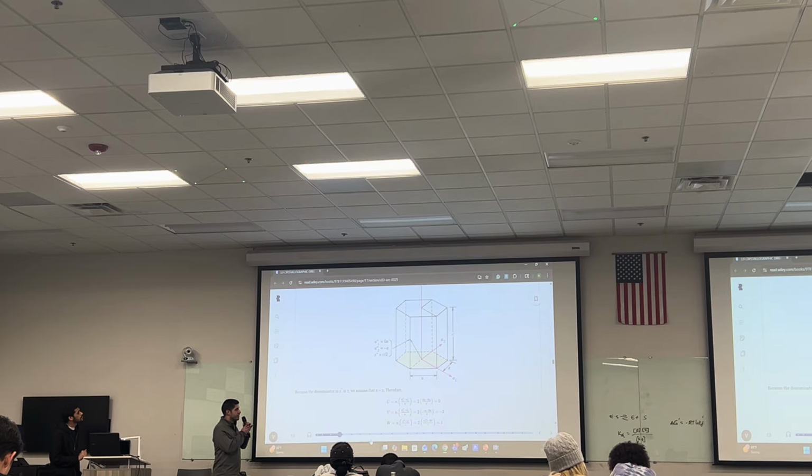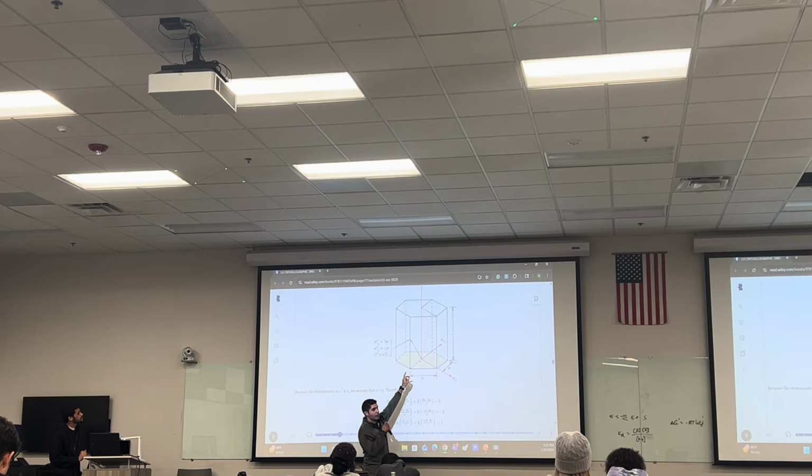So U is the difference between the starting point and the end point of that direction with respect to the A1 axis. Does that make sense?